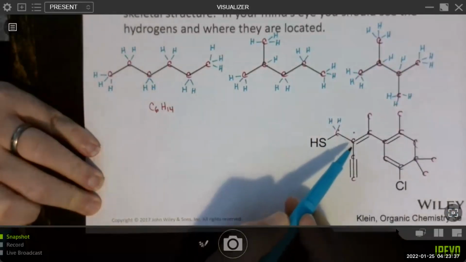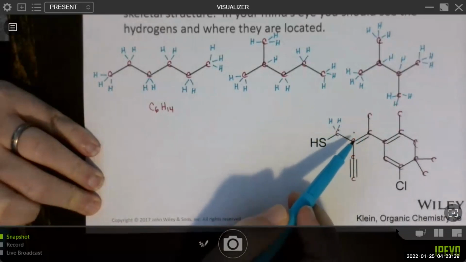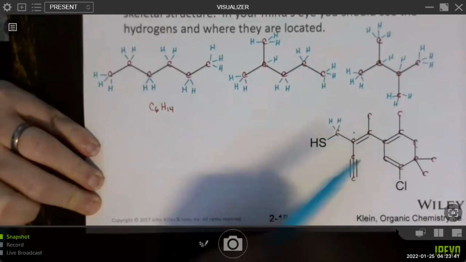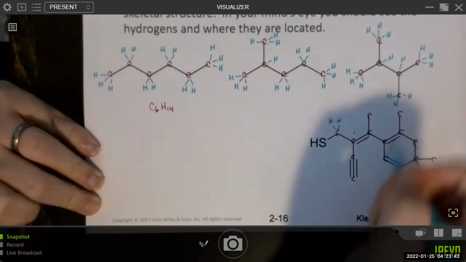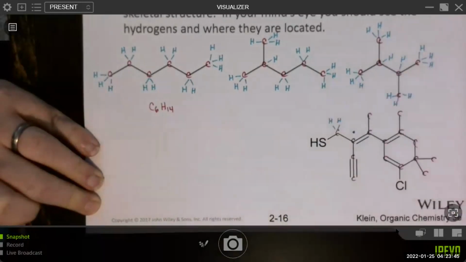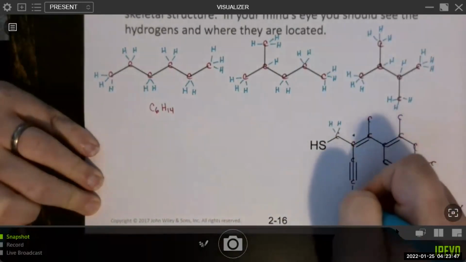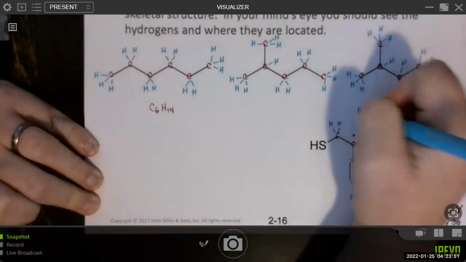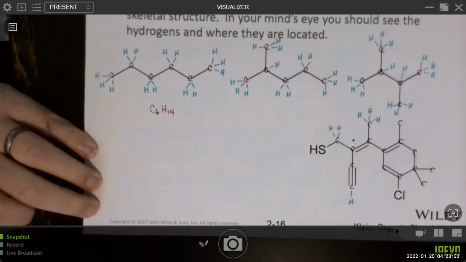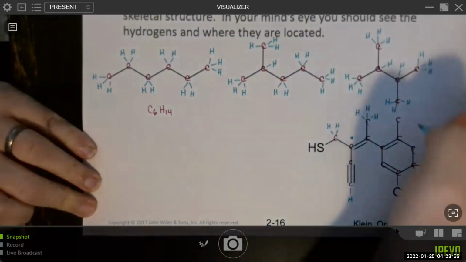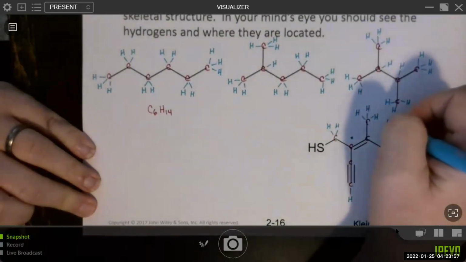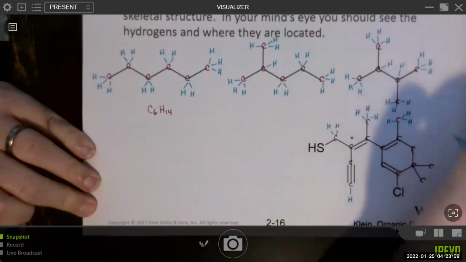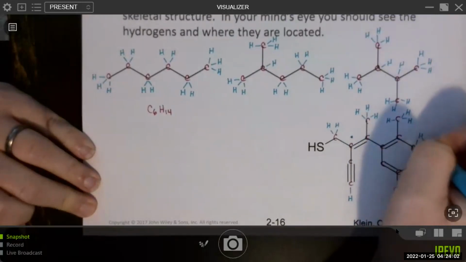So should I put any here? The answer is no, because this carbon is already making 4 bonds. That means it doesn't have any hydrogens attached. I'll just try to erase that. So be careful not to add too many bonds to the carbons. Some of them already have 4 bonds and don't need any additional bonds.